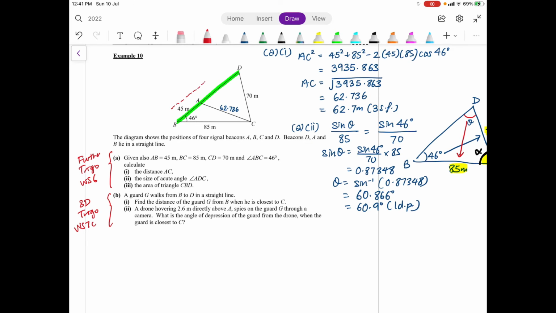So as he's walking slowly, which position should I mark out such that it will be the closest to C? Which position?